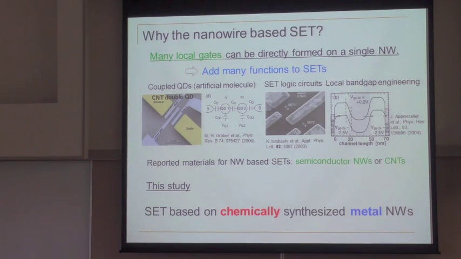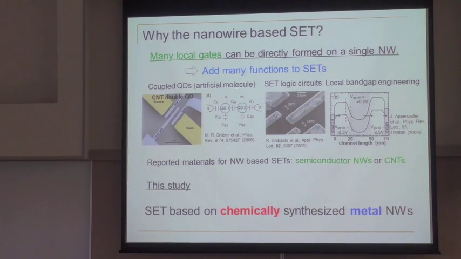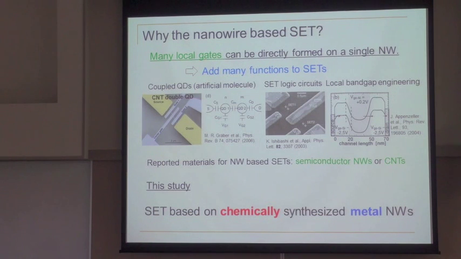For example, by forming many local gates on one nanowire, coupled quantum dots, that is artificial molecules, are reported, or SET logic circuits, such as an inverter, are reported, or local bandgap engineering is realized. So the local gating is a promising technique in fundamental and applied physics, but reported materials for nanowire-based SET are limited to the semiconductor nanowire and carbon nanotube.